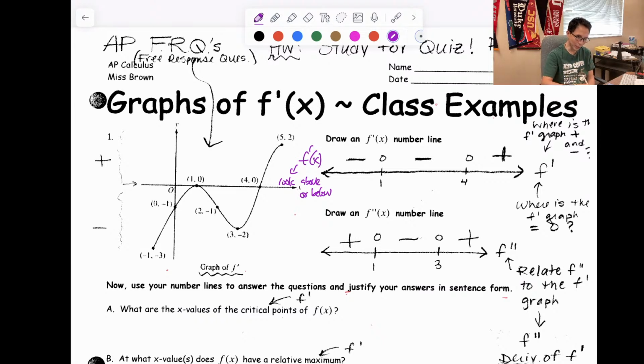But for the second one, f double prime of x, you look for the slope of f prime of x, which is whether f prime of x is increasing or decreasing. Does that make sense?